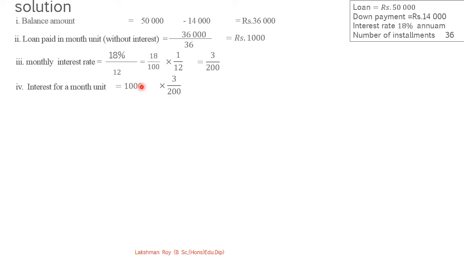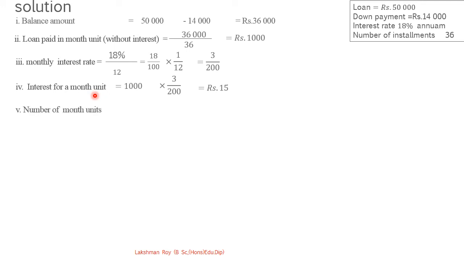You can see this 1000 has 5 200s. So 5 multiplied by 3, then you get 15 rupees. So this is the interest for a month unit. Don't misunderstand, this is not the interest for a month. This is the interest for a month unit, which is different.